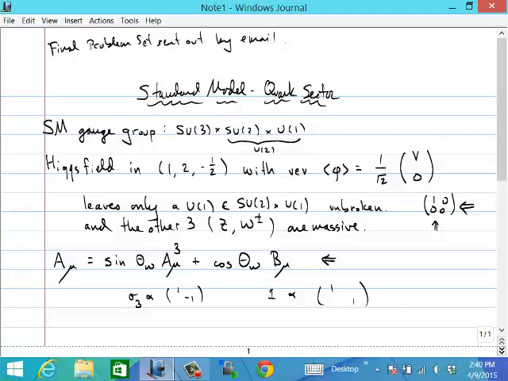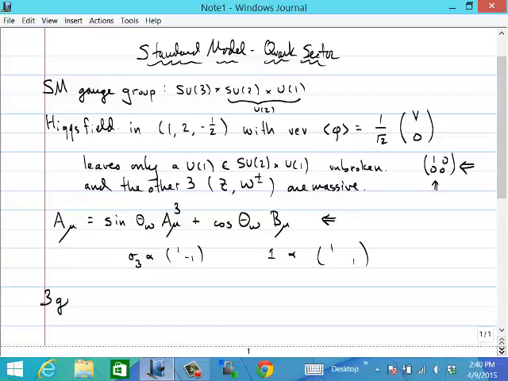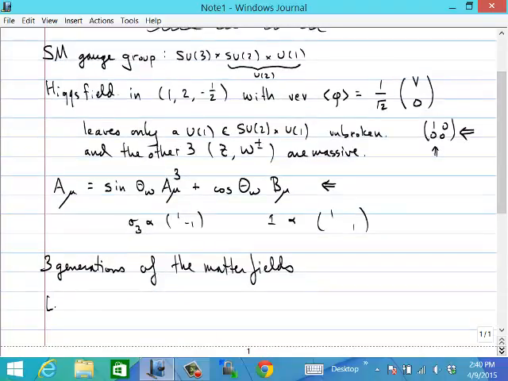Good. Now, in addition to the gauge theory, we have 3 generations, which is a fancy way of saying 3 copies of the following matter fields. So we have leptons, which we discussed yesterday and we'll return to a little bit today, which are defined by the feature that they don't carry color charge.